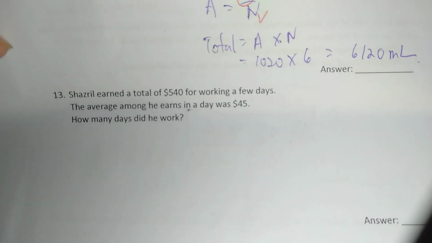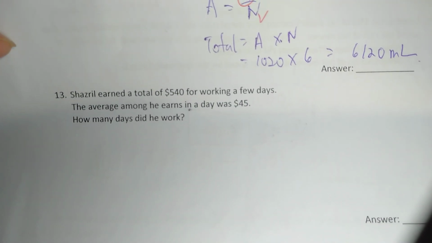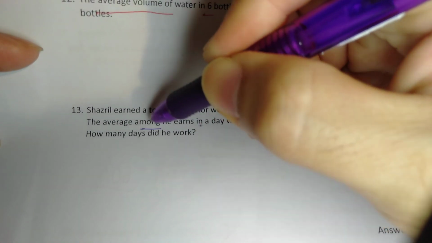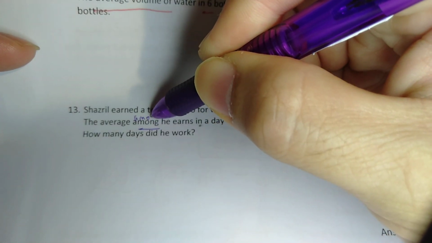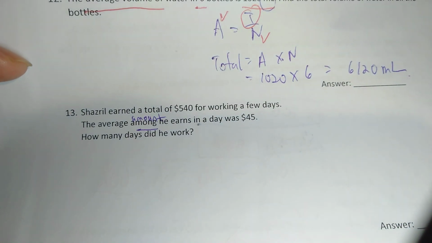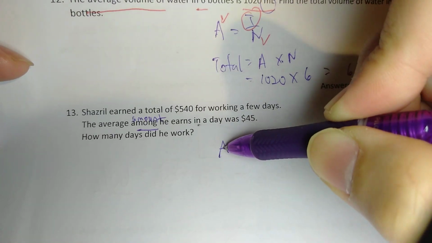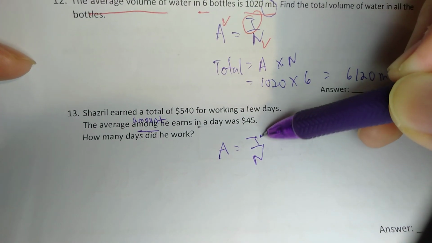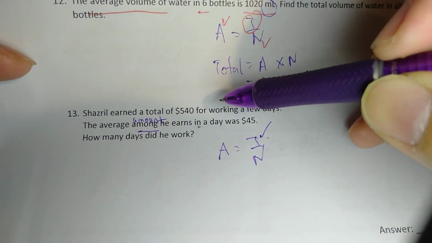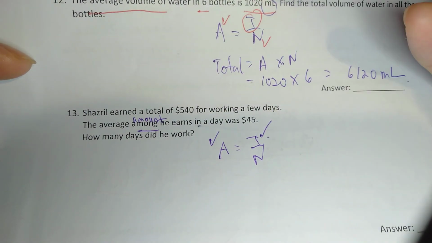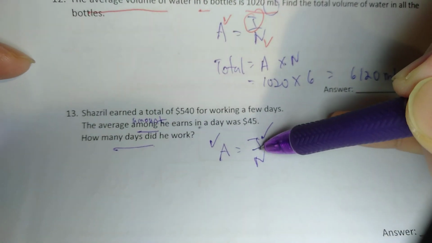Shastri earned a total of $540 for working a few days. The average amount, my spelling mistake, my bad. Follow what Shastri said, my bad. The average amount he earns in a day was $45. So average is total over number. So total is given, 540. The average amount he earns in a day is given. So it's supposed to find how many days he worked.